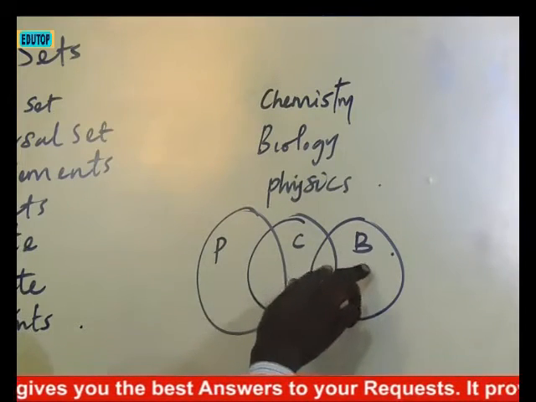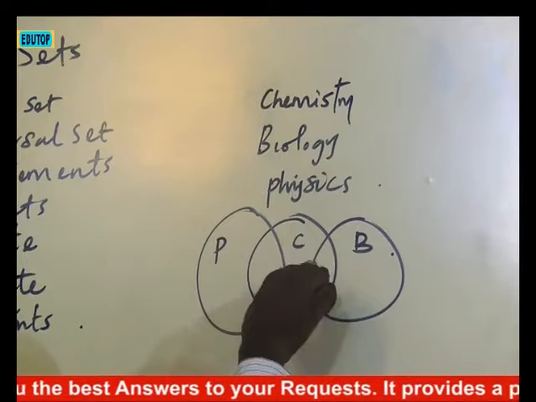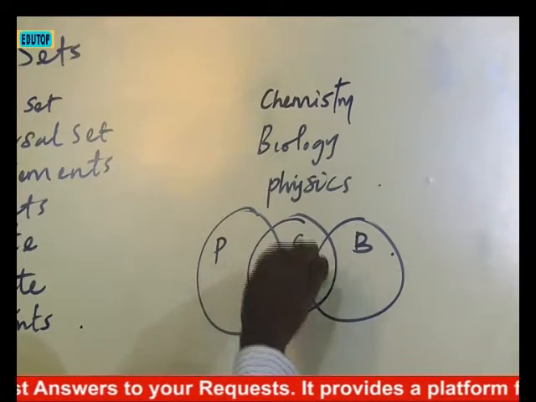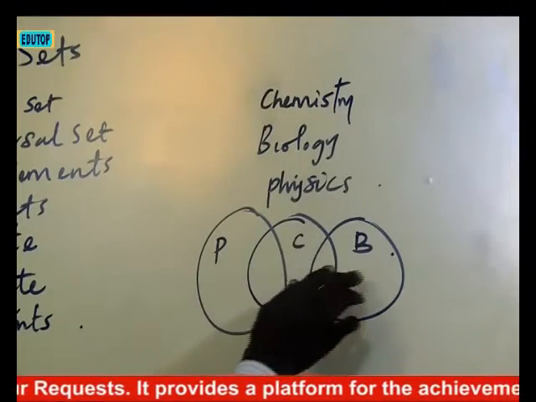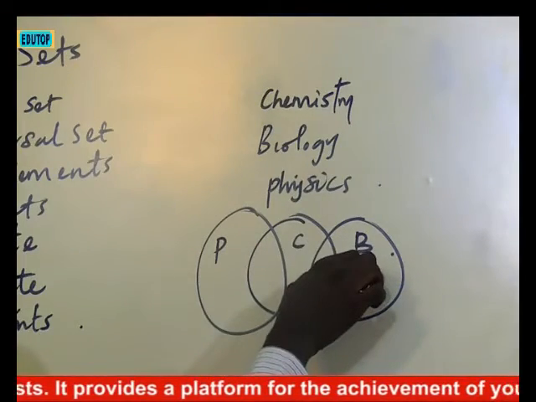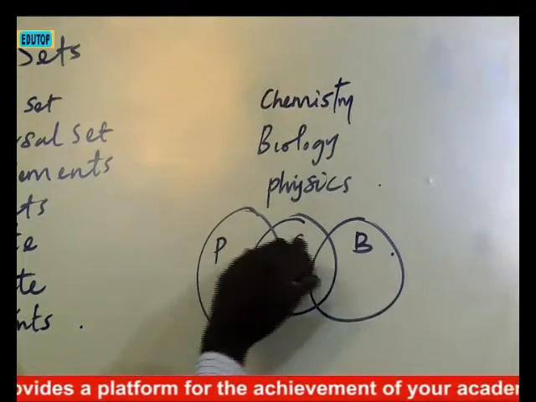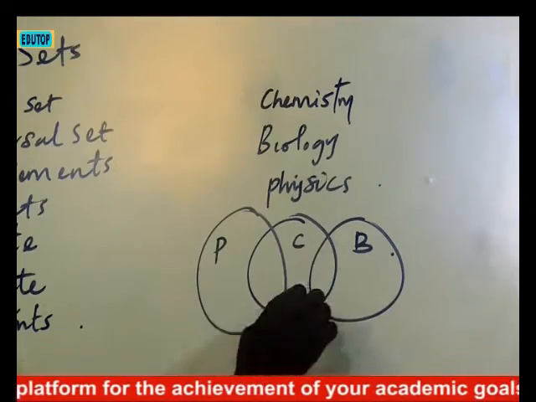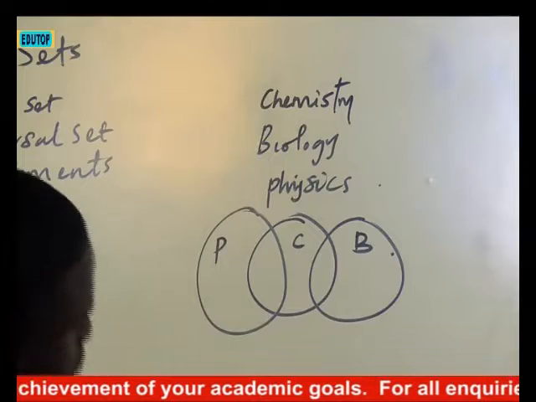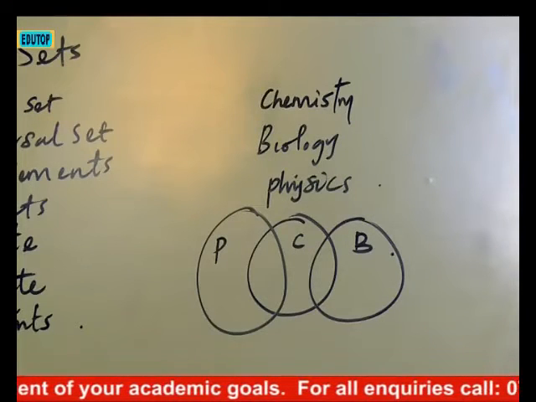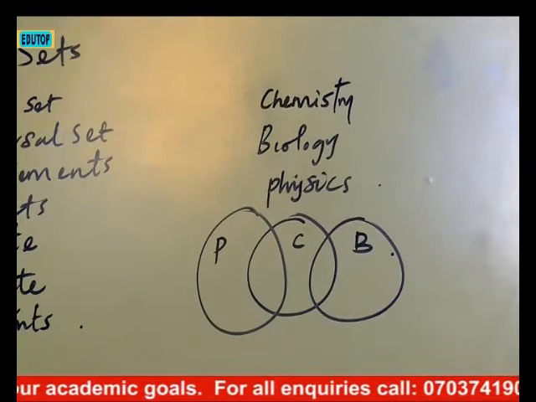Anybody that wants to study medicine also needs physics, chemistry, and biology. So it is usually very difficult to have a physics-biology combination in isolation. That is to show how important chemistry is.